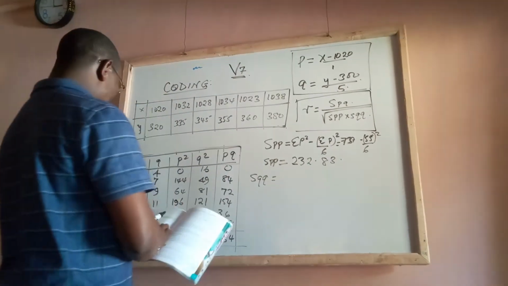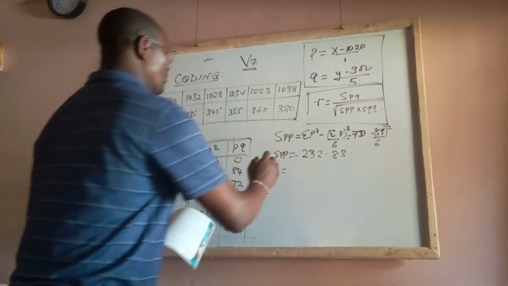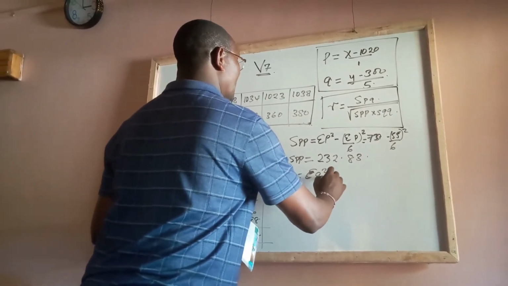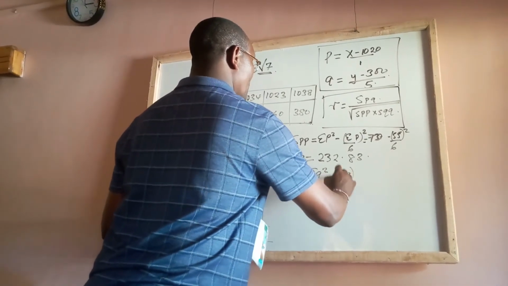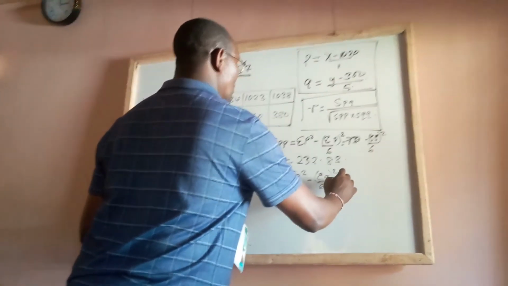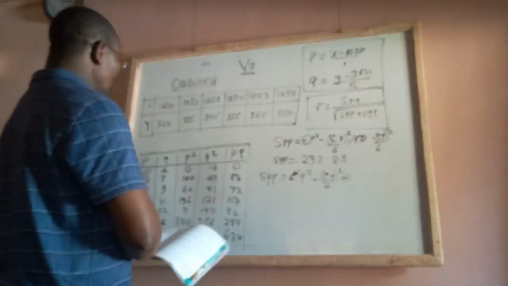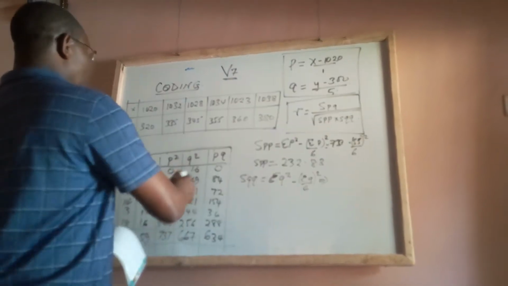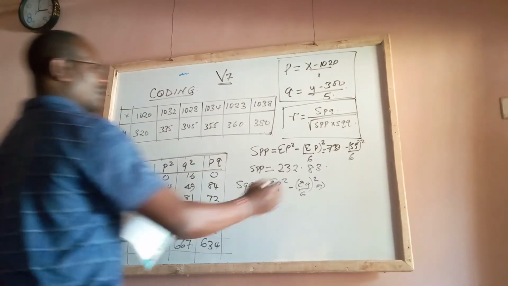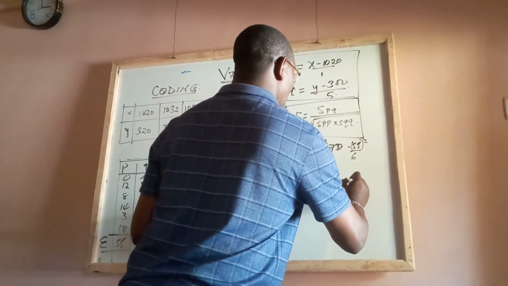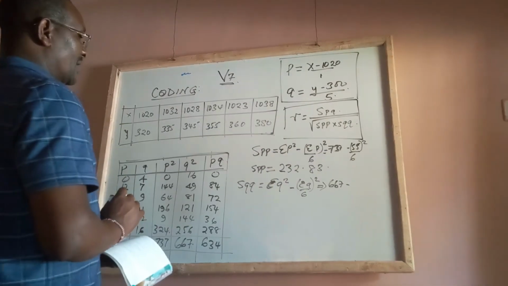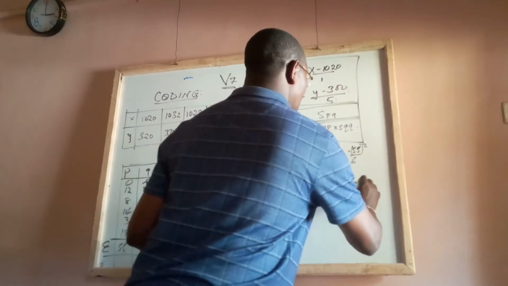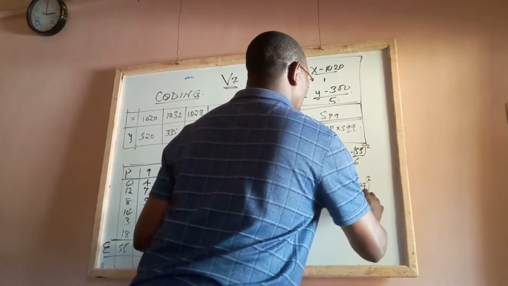We also need SQQ. What is SQQ? SQQ is sigma Q squared minus sigma Q, squared, over 6, which is actually 667, because this is the sigma Q squared, minus sigma Q, which is 59, squared over 6.